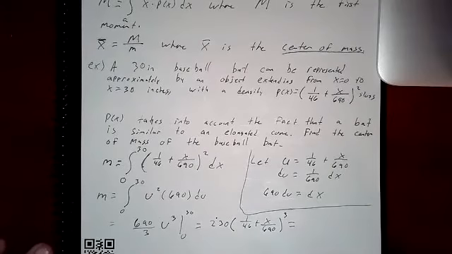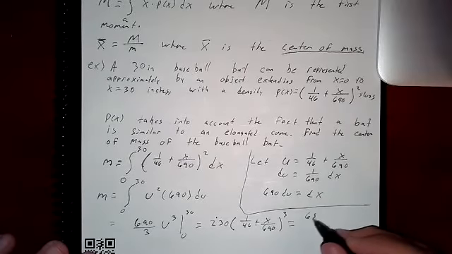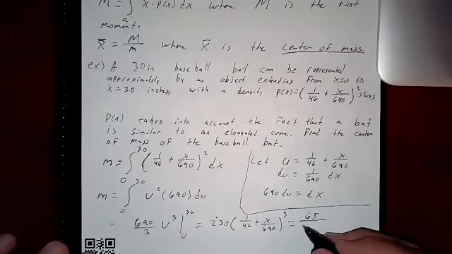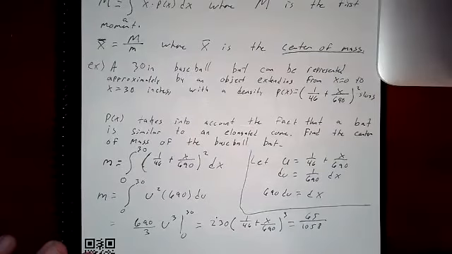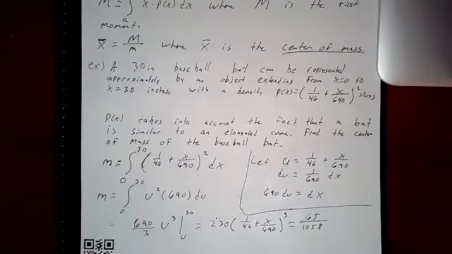So plug it in, skip the number stuff, and little m should be 65 over 1058. Okay, let me double check my stuff here.